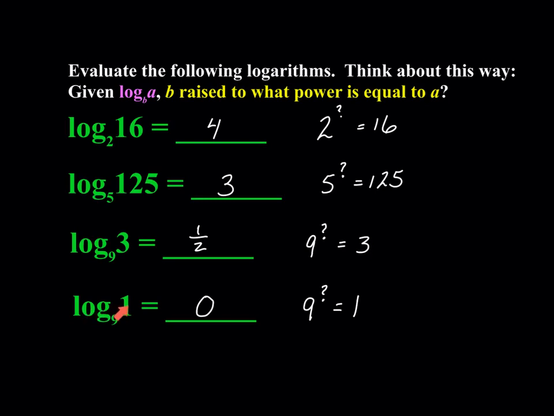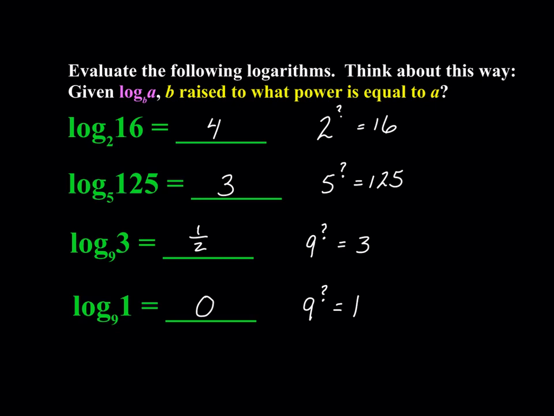If you are taking the log of 1, any number to the 0 power is going to equal 1. So if you're finding the log of 1, the answer is always going to be 0. Doesn't matter if it's 9 to the 0 power or 4 to the 0 power or 50 to the 0 power. The base number does not make any difference.